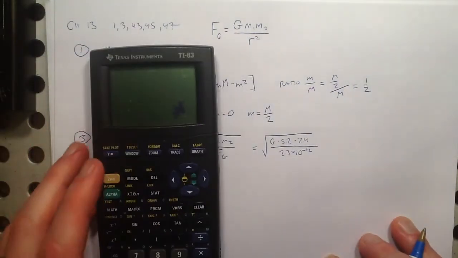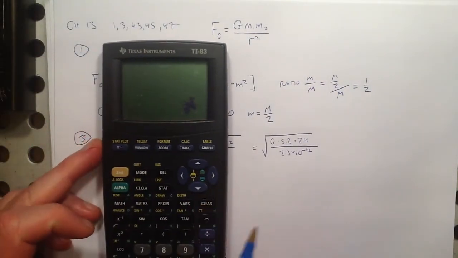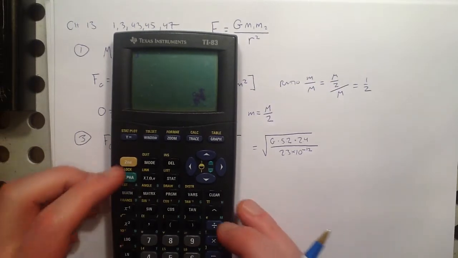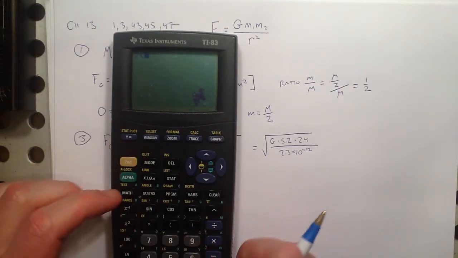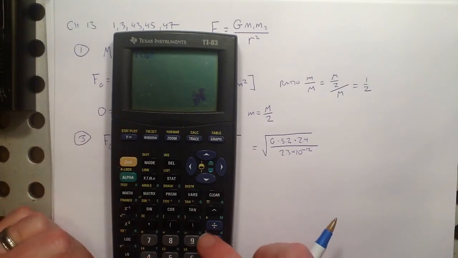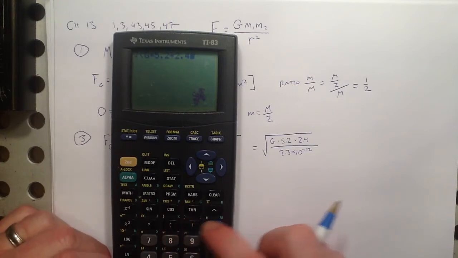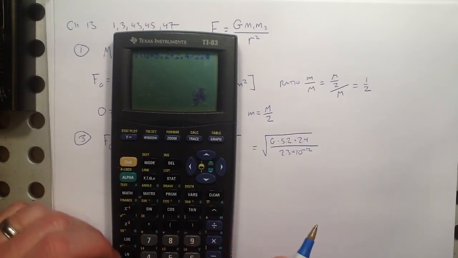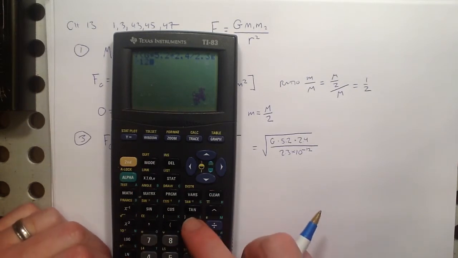I just have to crank that out of the calculator. So I get the square root of G times 5.2 times 2.4 over 2.3 e negative 12.